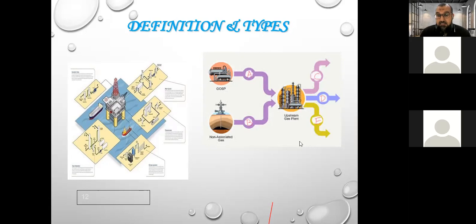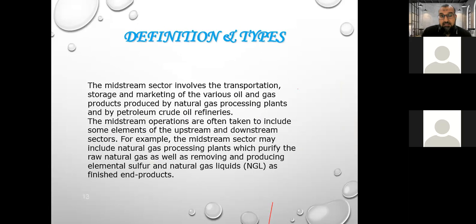So as I said, this picture shows the upstream sector here. It contains, as I said, any wells or any exploration or any wellhead field. However, the other sectors contain the others, like midstream and downstream. The midstream is the link in between, involving transportation, mainly the pipeline, and the start of processing to remove the unwanted material from what?